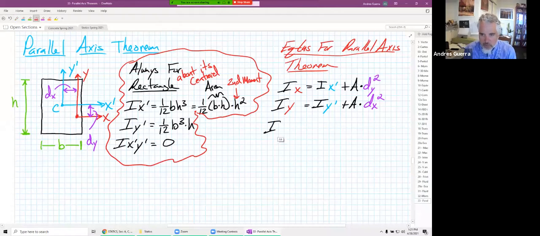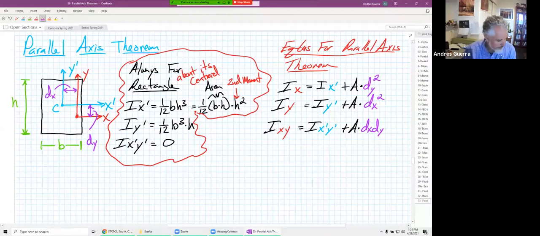I x y is going to be equal to I x prime y prime plus the area times d sub x times d sub y.